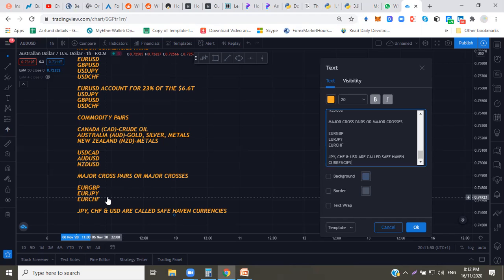So whatever is happening to crude oil is going to affect CAD, which is going to affect USD/CAD. But if you don't know that USD/CAD is a commodity pair, you will think that USD/CAD is very separate from oil, because oil is also a commodity that is traded in the forex market.